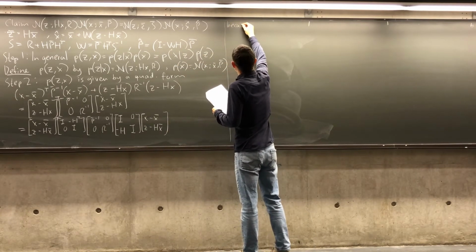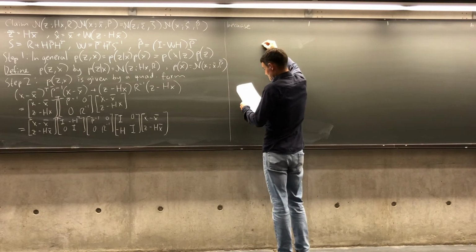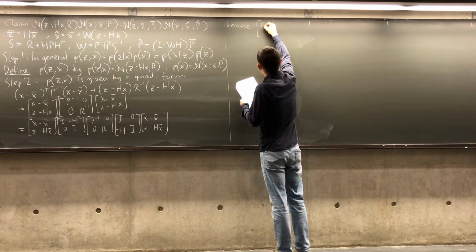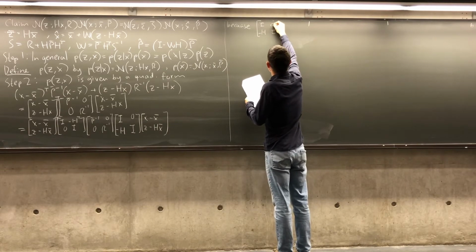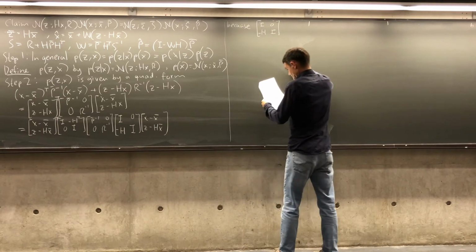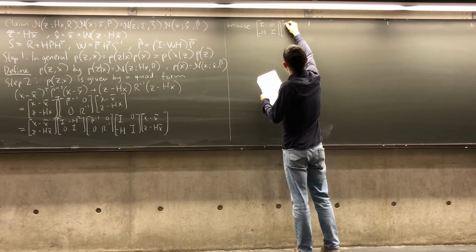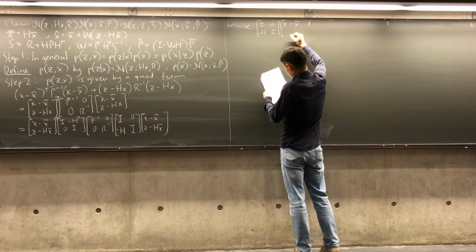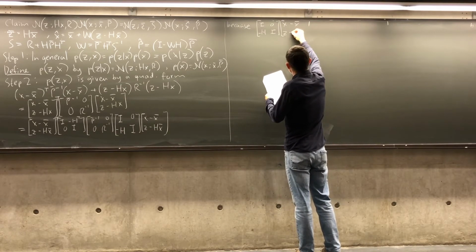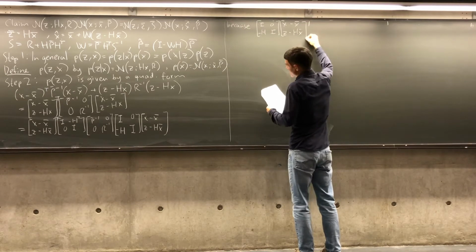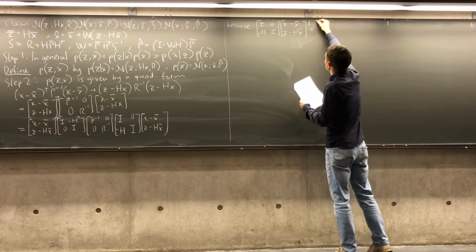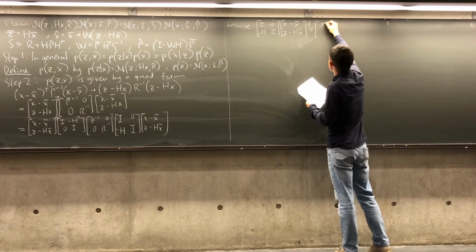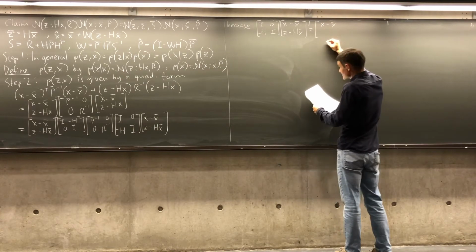So this works because I minus H and I 0 times x minus x bar, z minus H x bar, because I work on this. And then I just do algebra. For the topmost one, it's just I times x minus x bar, which is x minus x bar.